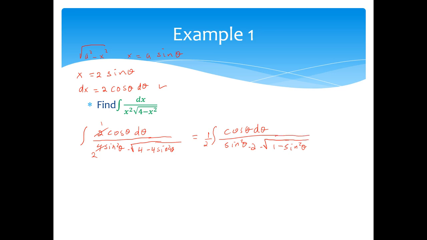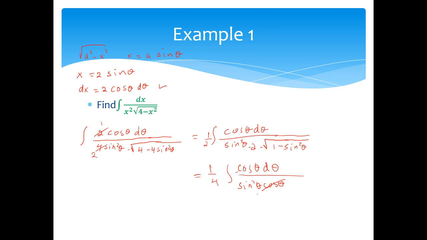So then I'm going to have 1/2, and 1 over 2 is 1/4. The radical of cosine squared theta is cosine theta, so here I have sine squared theta times cosine theta.